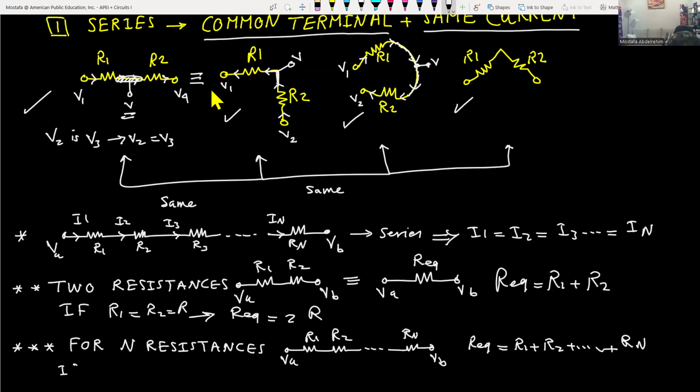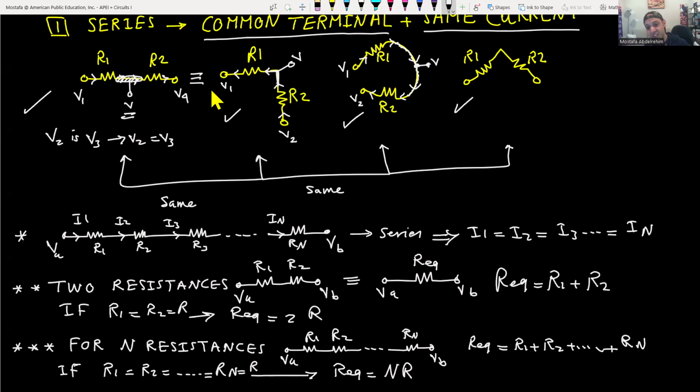If R1 equals R2 equals R3, until you reach Rn, in that case R equivalent equals N R. Let's call again R1 is equal to R2 equal to R3, until Rn equal to R, for example. So NR.